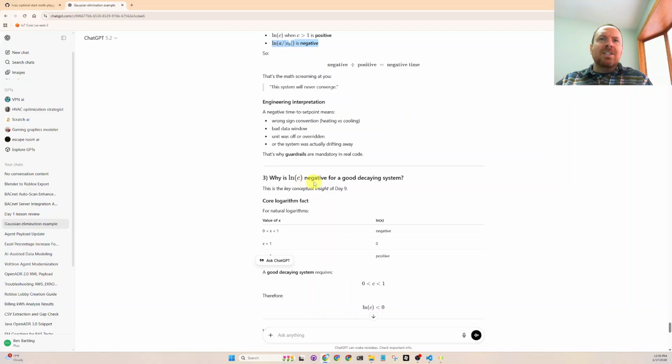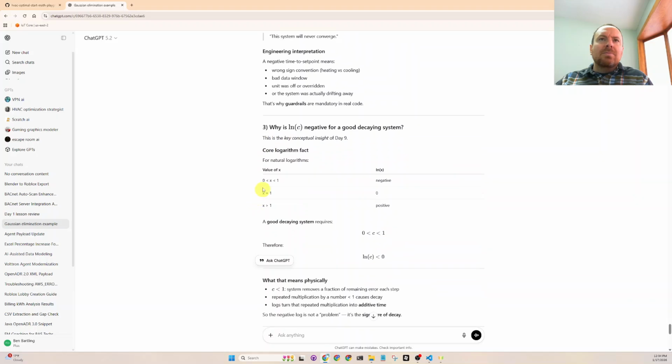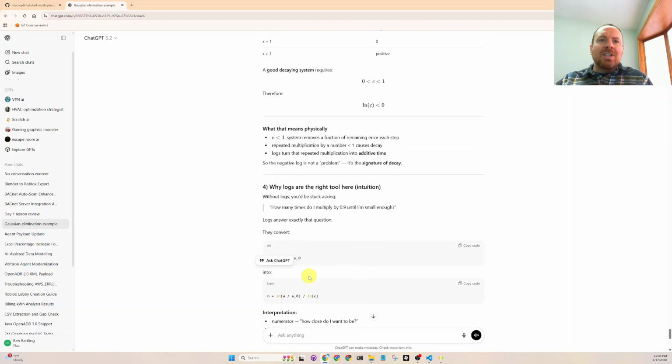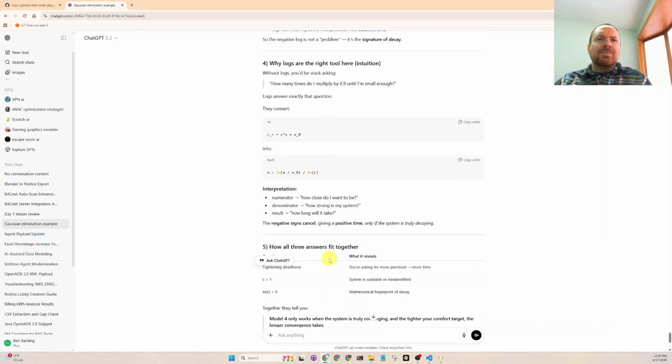Why is log C negative for a good decaying system? It's the same concept: you need to subtract a percentage. Each iteration of the step is like you're subtracting 10% and continuing to subtract.